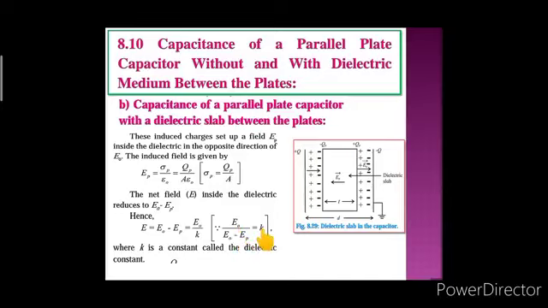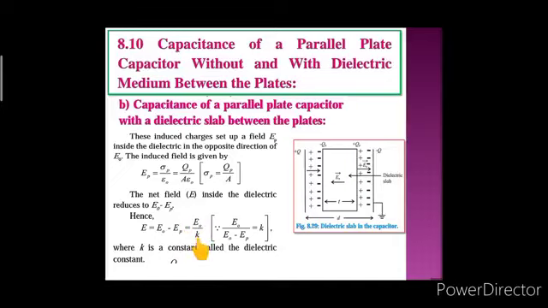When we write E0 minus EP, we get E0 upon K.